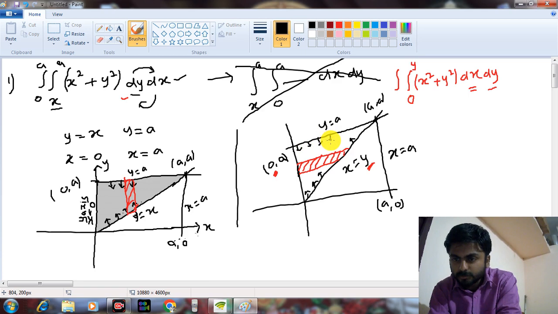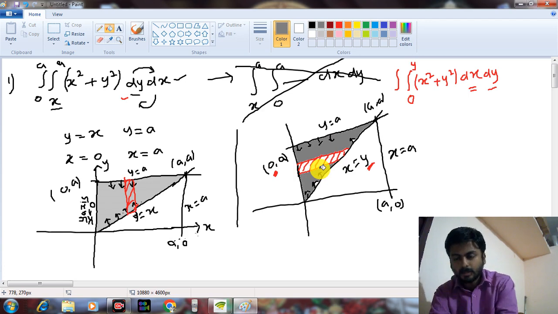We know that our region of existence is given by this. This is the region of integration and the strip is between. So what is this point? This point is 0, 0.